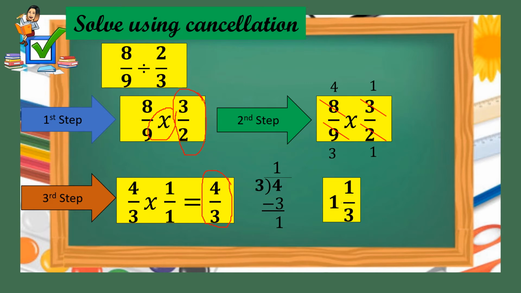So write 1 as the whole number, the remainder 1 in the numerator, and 3 as the denominator. So the answer will be 1 and 1/3. Kanina, yun din ang sagot natin, ano? So 1 and 1/3. Pwede kayo mag-cancellation method para mapadali or mapabilis ang inyong pag-solve.